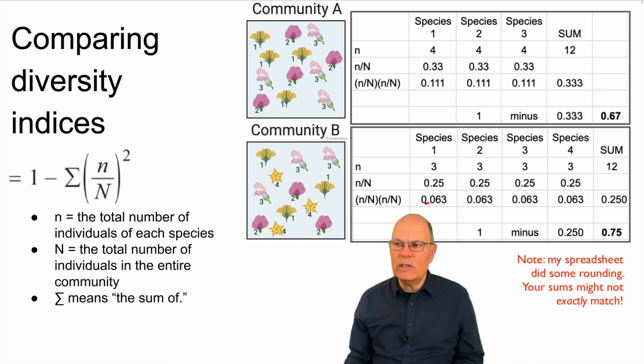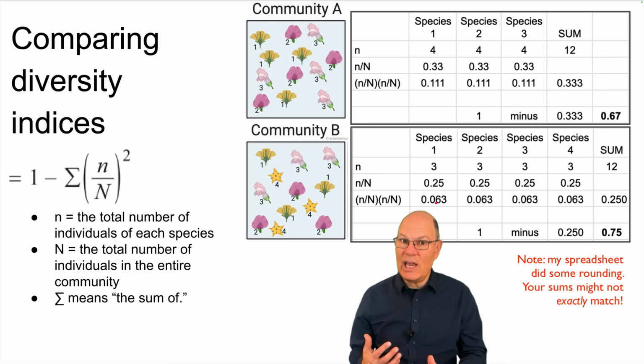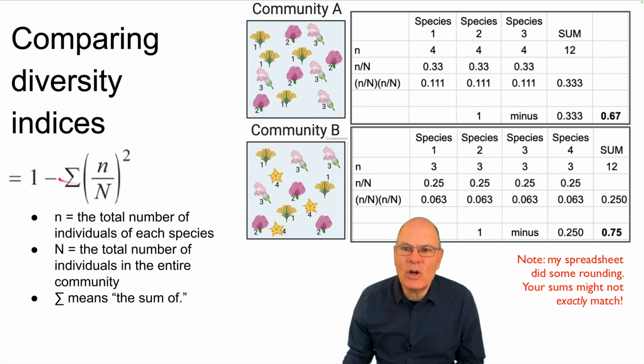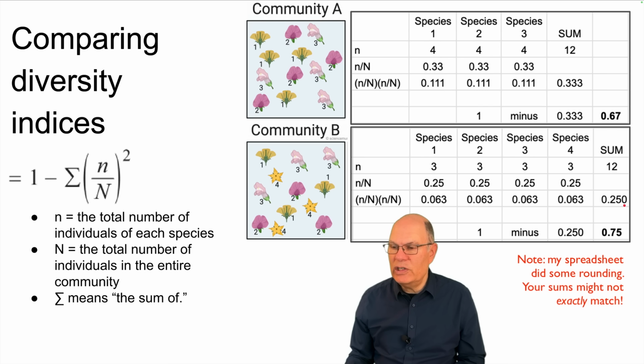0.25 squared is 0.063. The value is the same for each species in this community. We add that up, 0.063 plus 0.063, etc. We add that up, and what we get as our sum is 0.250. 1 minus 0.250 is 0.75.